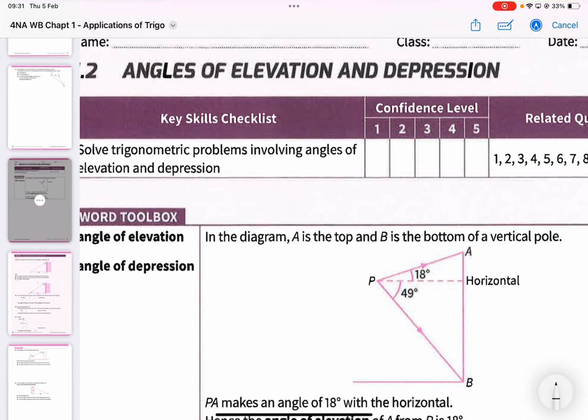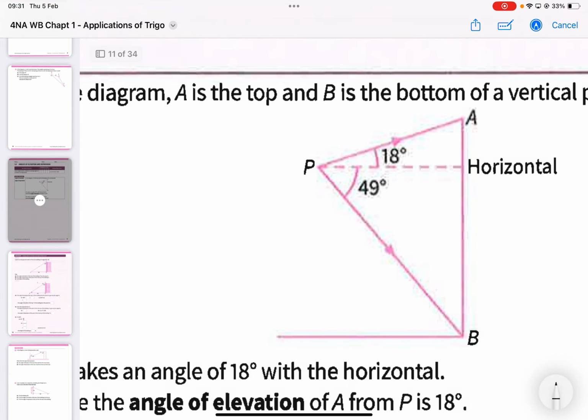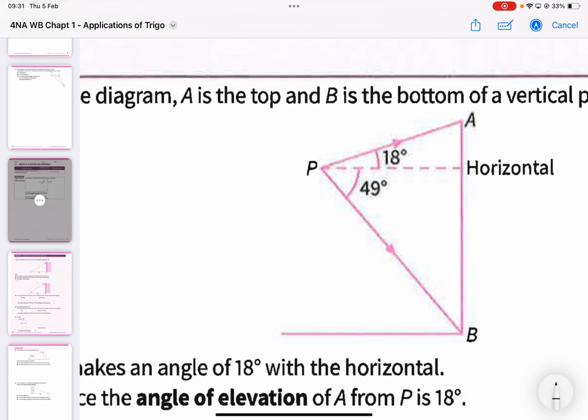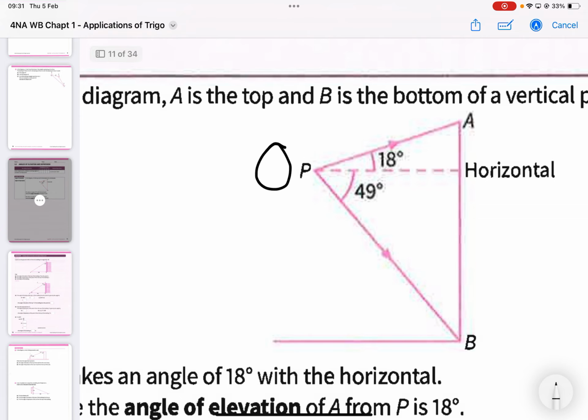For example, this is me. Then you are actually looking at someone's side view. All your angle of elevation and depression is measured against horizontal, meaning something that is parallel to the floor.